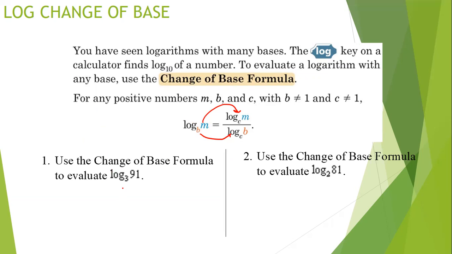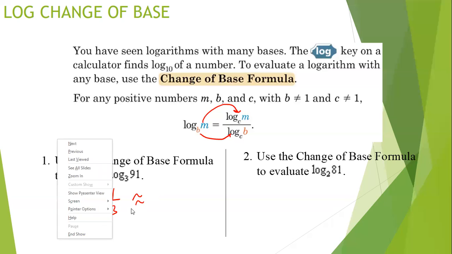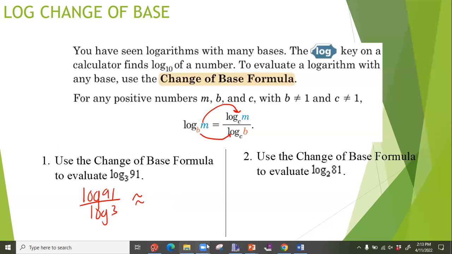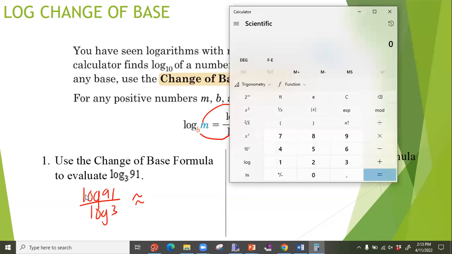So for example, let's just pretend we don't have access to a TI Inspire, right? So to find this answer, to evaluate log base 3 of 91, I would have to find the log of 91 and divide it by the log of 3. Okay, and you can do this with any standard calculator. So even when you take your phone and turn it sideways, you can calculate this. So on a standard calculator, I'm going to open, where'd my calculator go? I guess I closed it. Here it is.